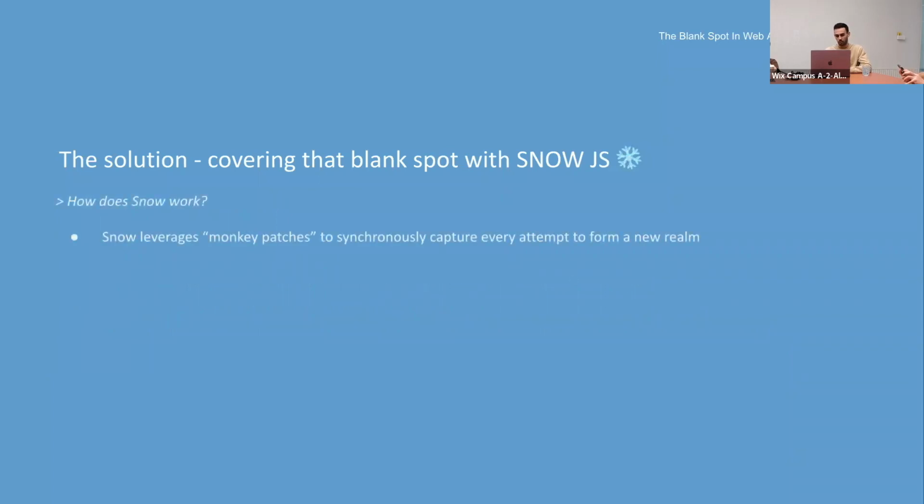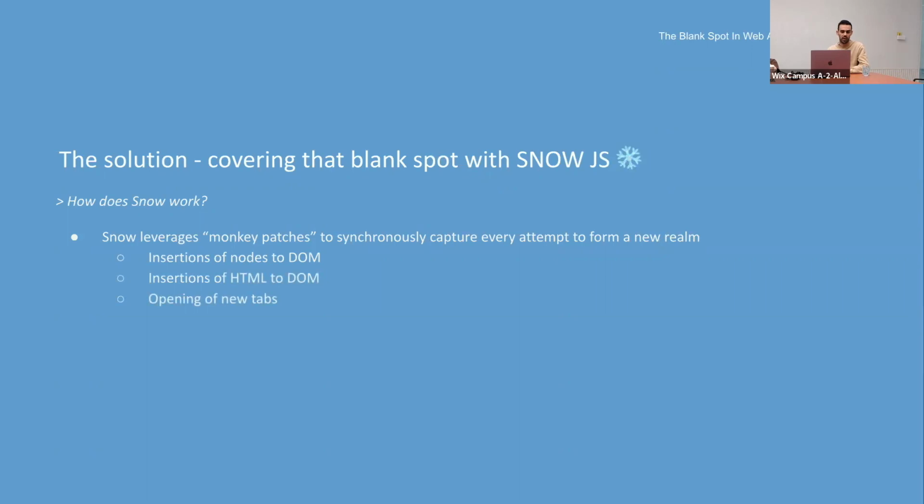So let's talk about how it works exactly. Snow also leverages the concept of monkey patches, because in order to remain synchronous and to capture realms synchronously, you have to use monkey patching. There are just so many ways to create same origin realms. You can do so by creating iframe nodes and inserting them into the DOM. You can achieve that by injecting an HTML string into the DOM, which is also something that Snow has to cover.